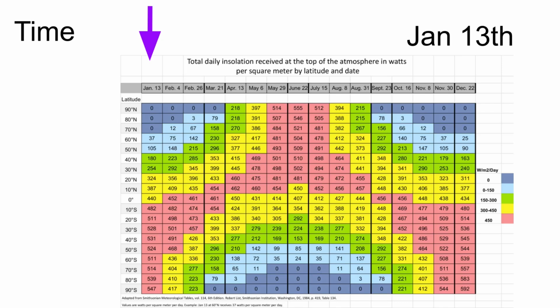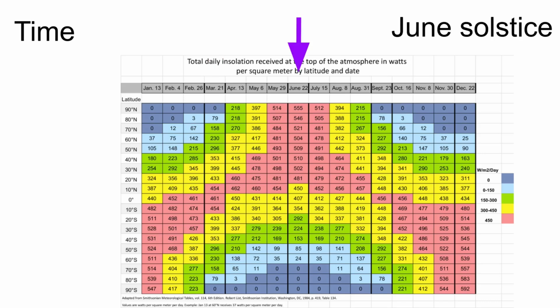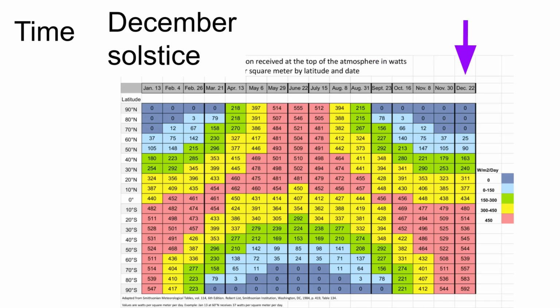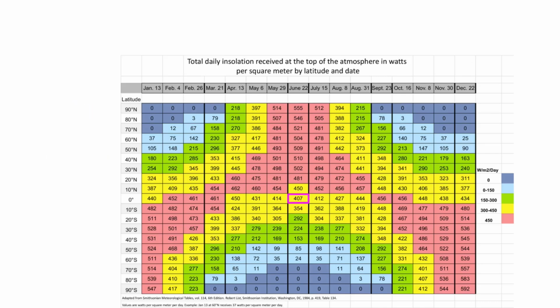That's kind of weird. So we've got January 13th, March 21st. That's what we'll use for the March equinox. June 22nd, that's what we're going to use for the June solstice. September 23rd, that's the date that we will use for the September equinox. And then December 22nd is the date that we'll use for the December solstice. So across the side, we've got 90 degrees, we've got 40 degrees.